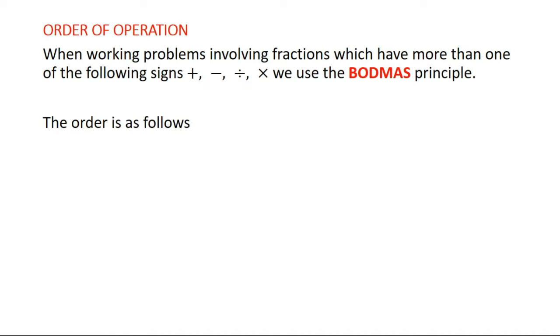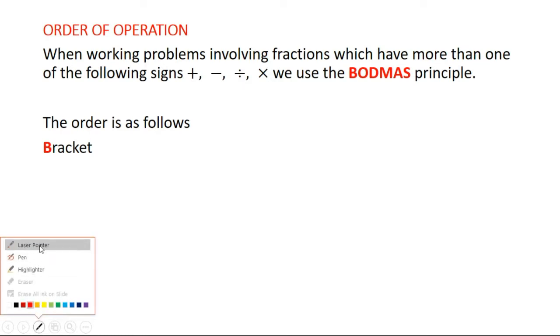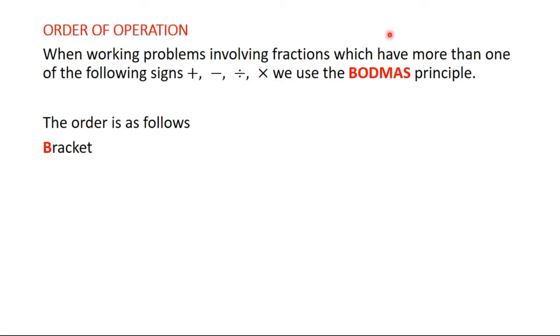What this principle tells us is that whenever you have a question which has more than one of these signs, that is more than one of addition, subtraction, division, or multiplication, if you have something in the bracket, you have to do brackets first. So the first B in BODMAS stands for brackets.